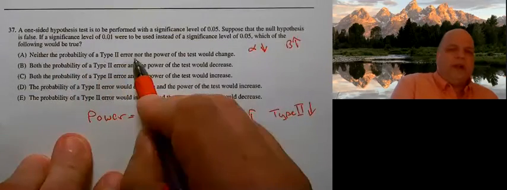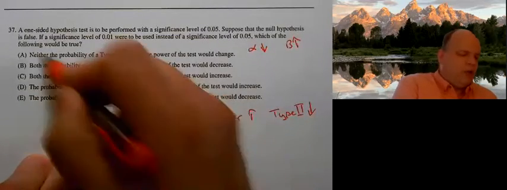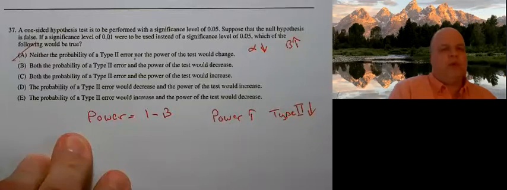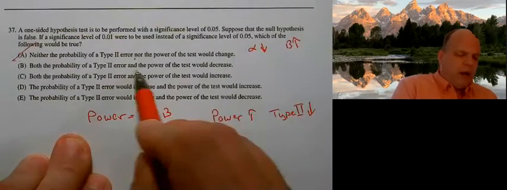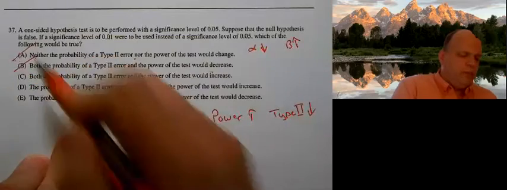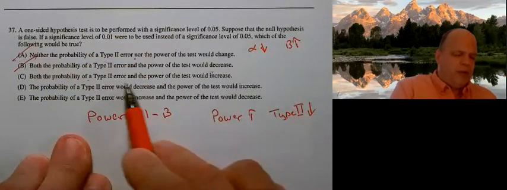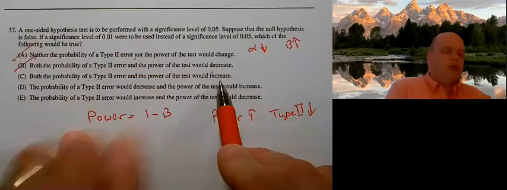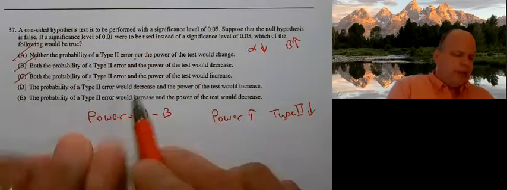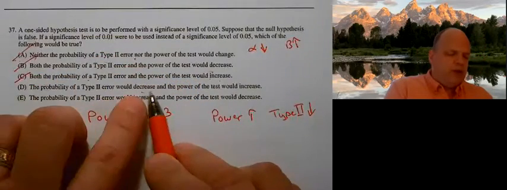So neither the probability of type 2 nor power changes? No, we know type 2 is going up. Type 2 error and power would decrease? No. Both probability of type 2 and power of the test would increase? Remember, they move in opposite directions, so that's false.